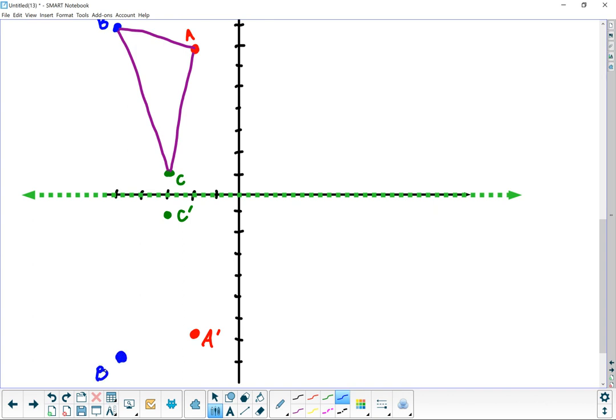That's going to be my B prime. Okay. And this is my A. Sorry, can't even draw straight. A to B, B to C. So that's part A right there.